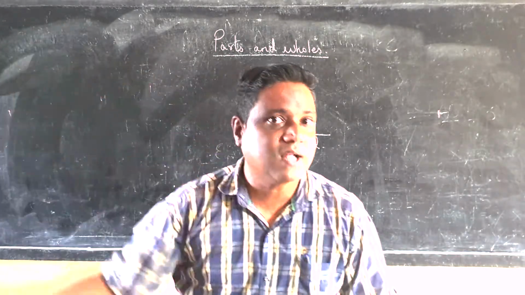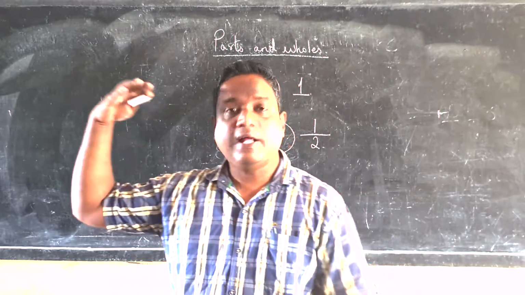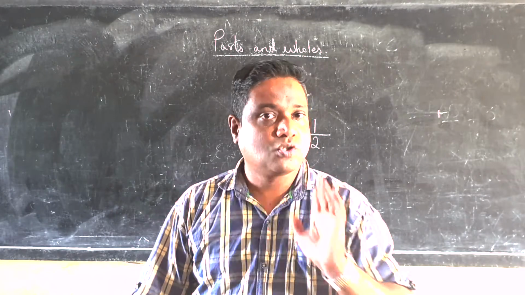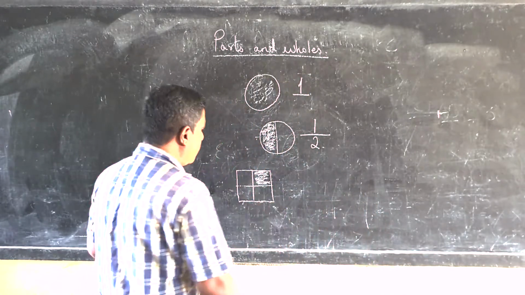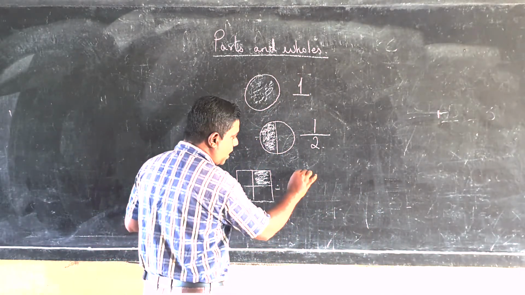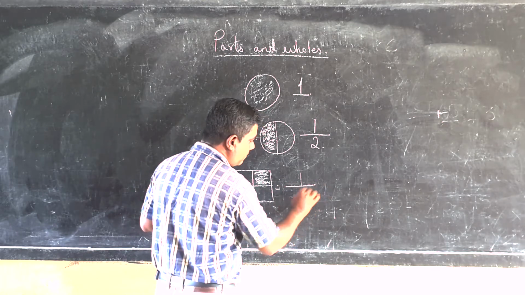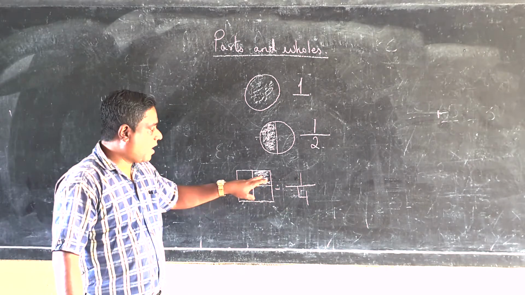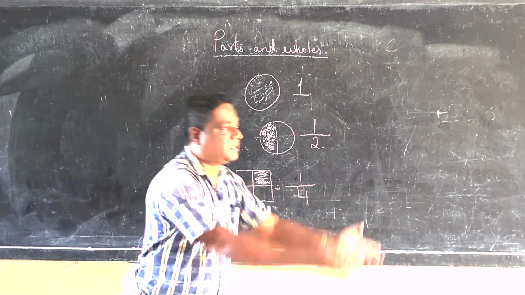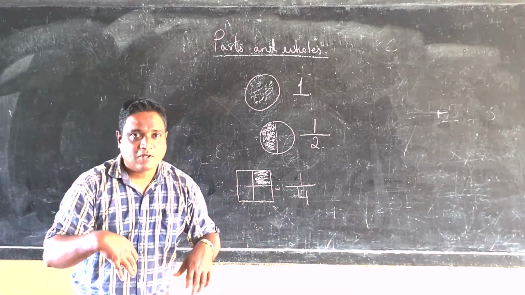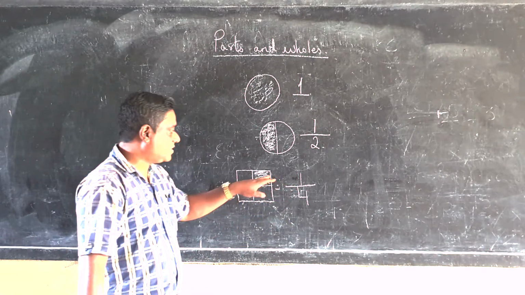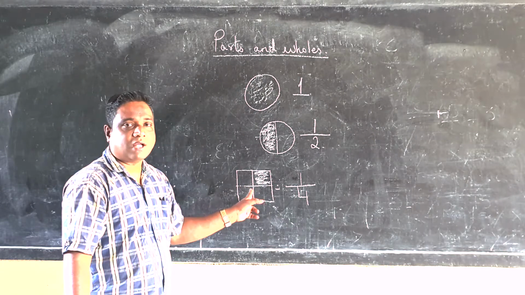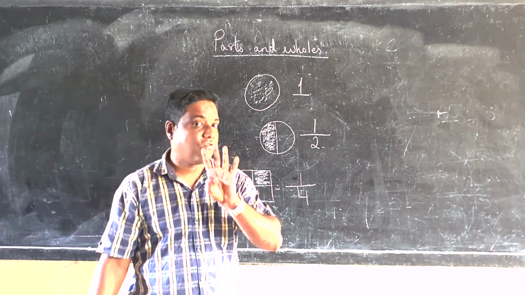It is already utilized. So 3 remain, correct? So how do we write? We write 1/4. 1 represents whatever I was given or whatever I ate. And how many parts are there for the cake? 4 parts.